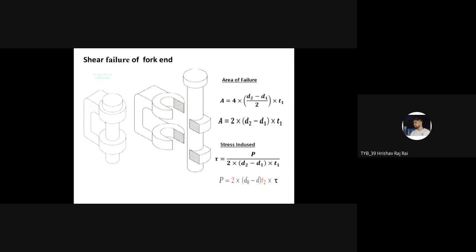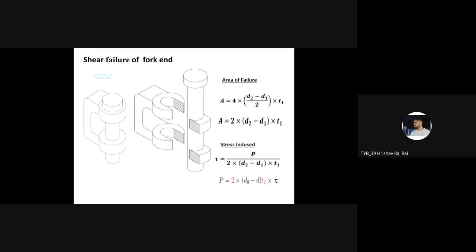Now we have to calculate that shearing area. As the area has been shown by the hatching lines, if we are able to calculate one area, then we can multiply it by the number of places where the shearing is taking place.